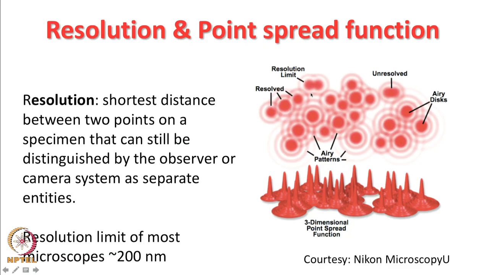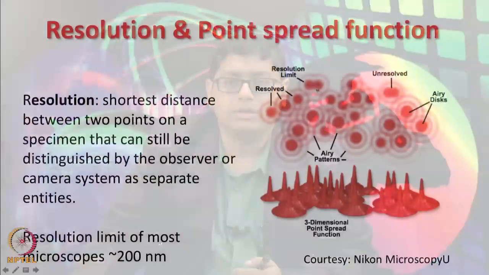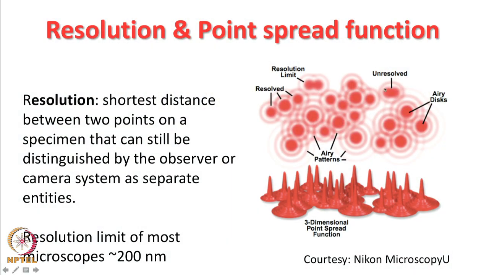This is called the resolution limit. Even though the histograms are coalescing or fusing, you can still make out where lies the center point of these dots. However, if you look at this particular point, you cannot distinguish between the 2 points because they have completely converged on each other. So, the resolution limit of most microscopes is what you call the diffraction limit.